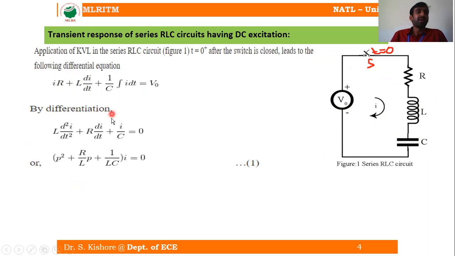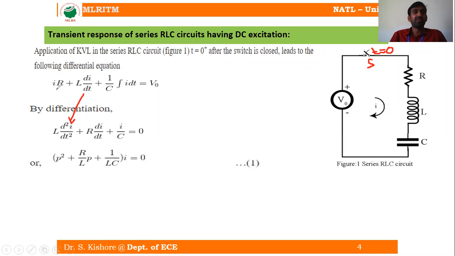So now, to convert this into a differential equation, because we have an integral in this equation, to nullify that we are going to differentiate this equation again. When we differentiate, we have L d square I by dt square, because L is the constant, differentiating L di by dt gives d square I by dt square.